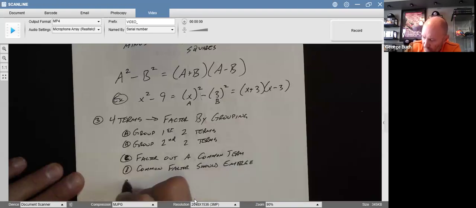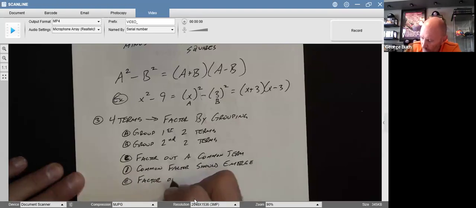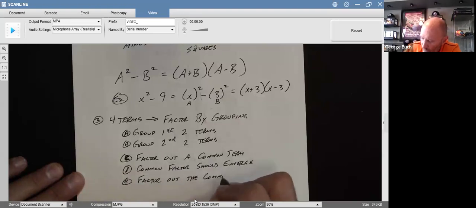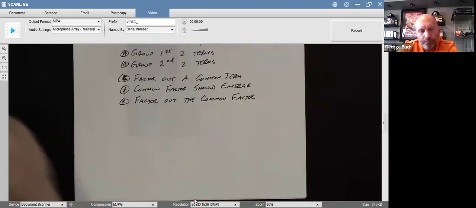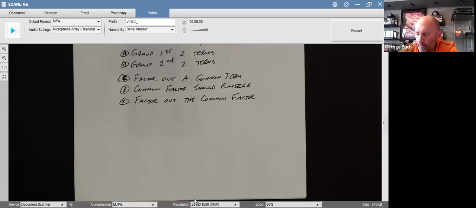And then lastly, factor out that common factor. And we'll see an example in the example videos of how that actually works out. So if you haven't done factor by grouping before, you'll see it in the example video.